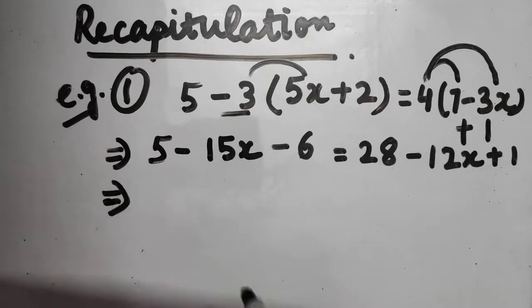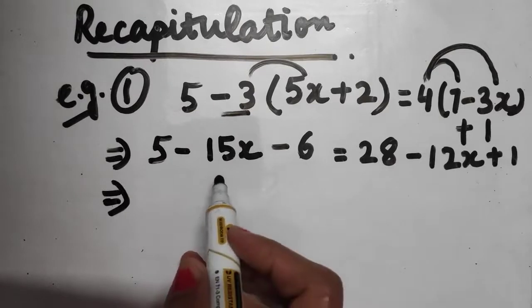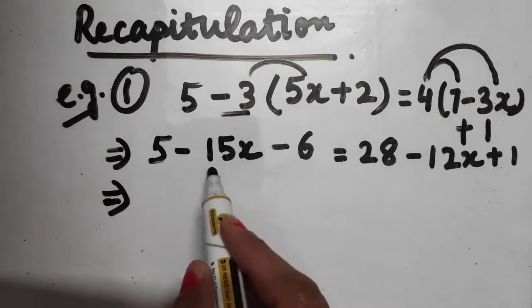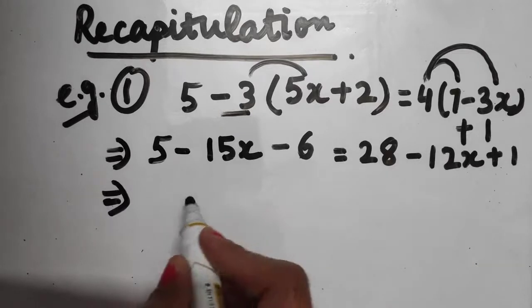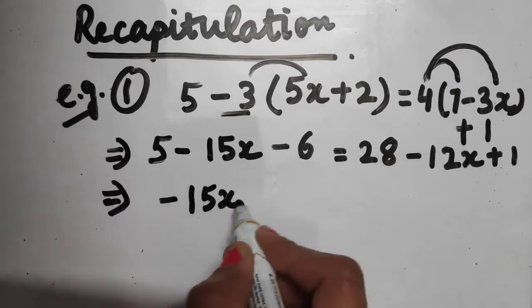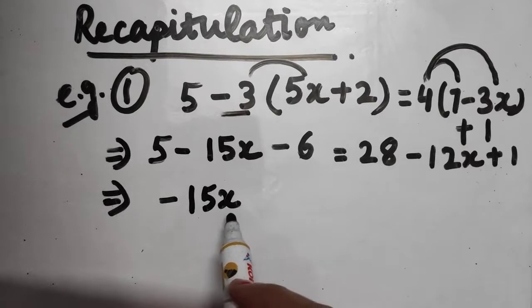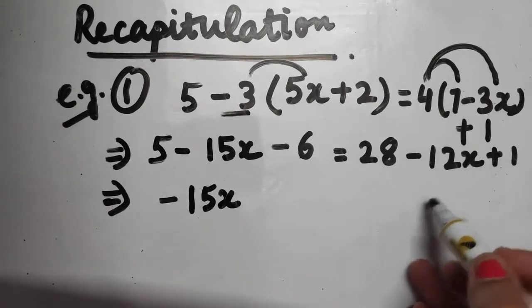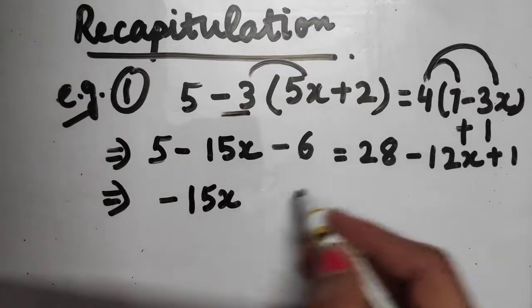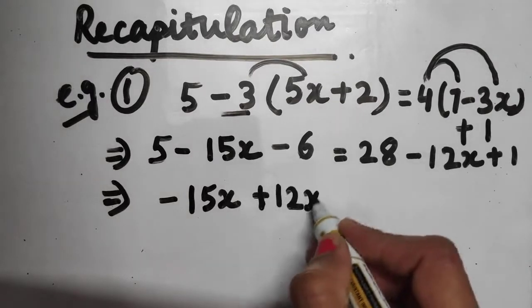Now, I am shifting the rest of the terms apart from the variable term to the right hand side. So, I am keeping minus 15x, the variable term, on the left hand side. Here also on the right hand side I have minus 12x. When it is transposed to the left hand side, it will be plus 12x.